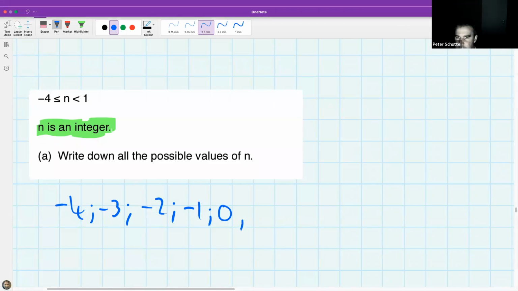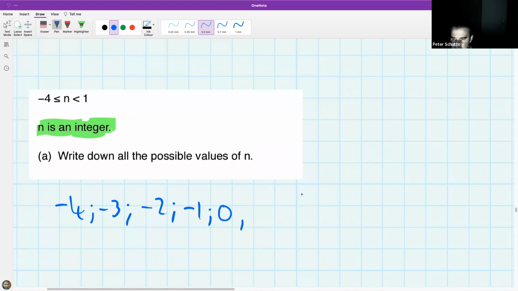Who would like to come online quickly and explain why 1 is not included here? Because some of you have included 1. I'd love to hear from someone in the class if anybody's willing to share their thinking. How did you know you didn't include 1? Okay, so Andile has said it's because it's excluded. N is less than 1.